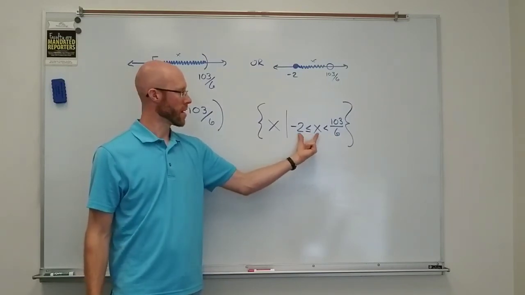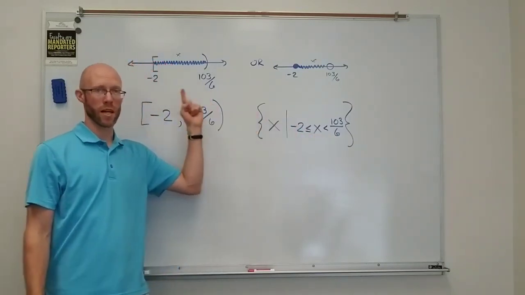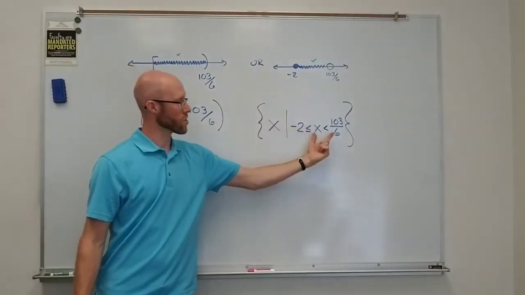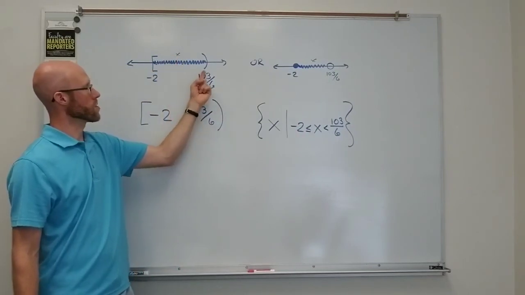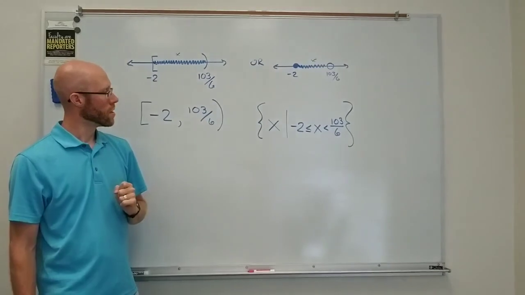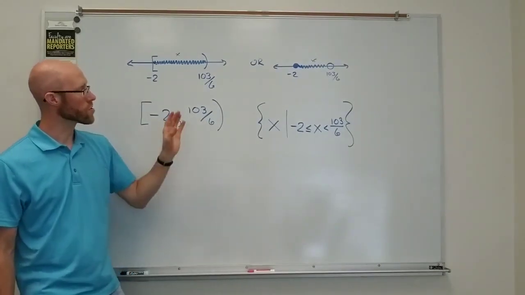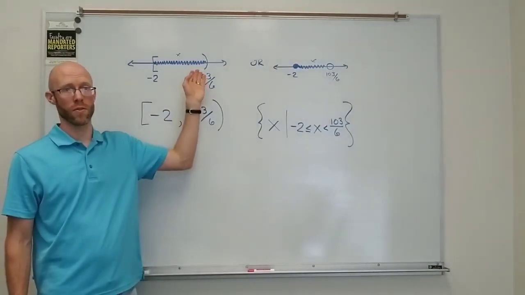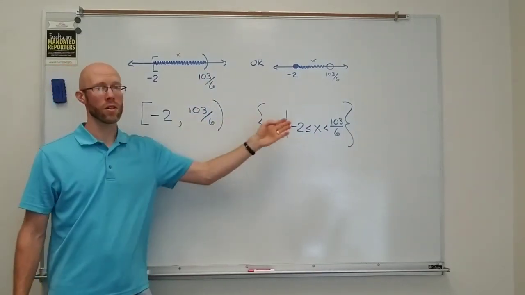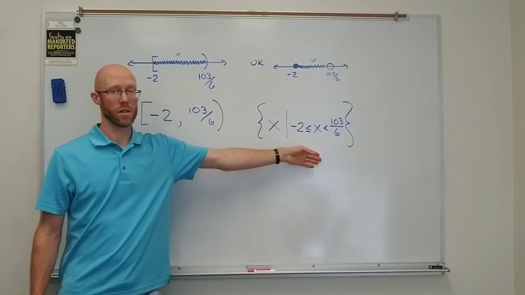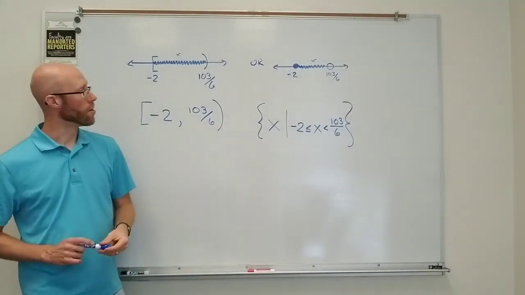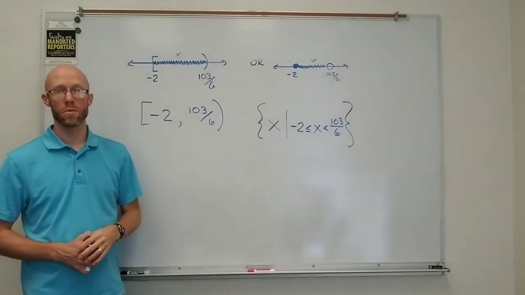It has the first representation, which says that -2 is less than or equal to X. It also has the second representation where X is less than 103 over 6. All right, so that should give us all three forms. We have the number line, we have the interval, and we have the set builder. Okay, and that should cover everything from section 1.1.